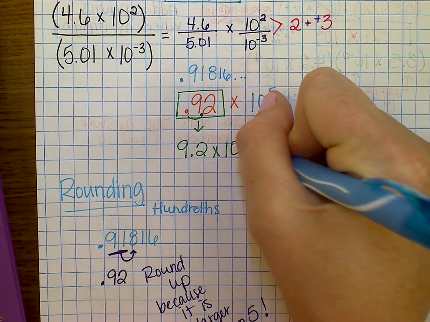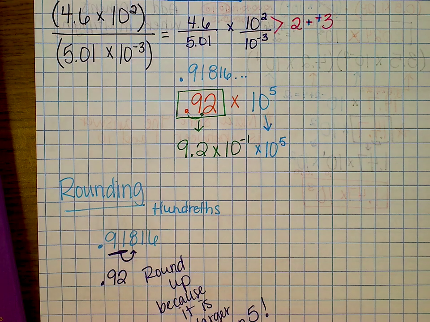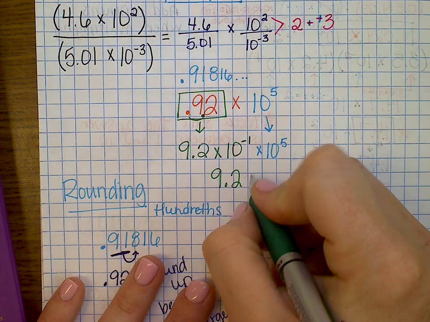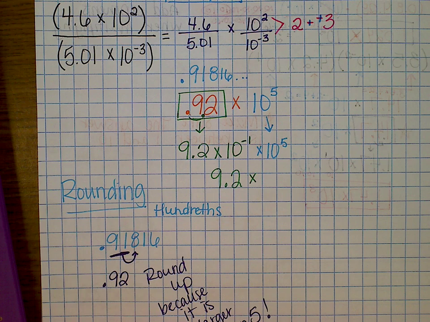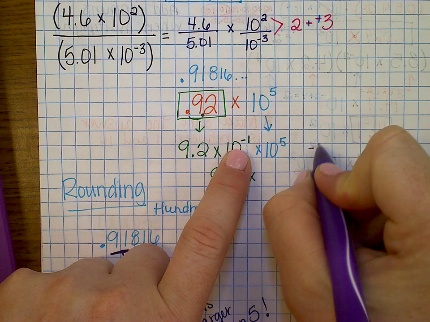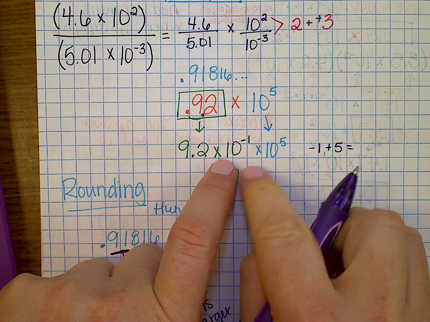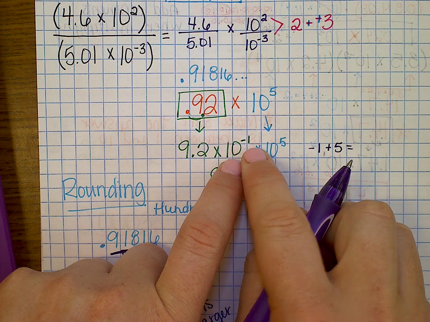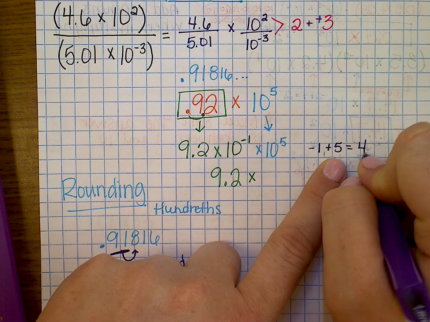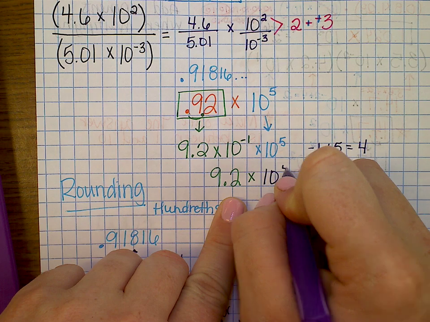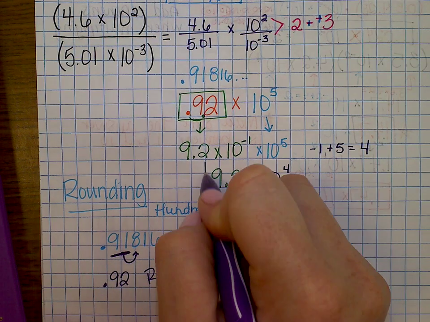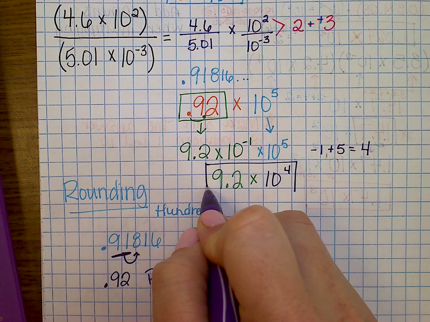And then I have times 10 to the 5th. So 9.2 times 10, and then add those numbers. Negative 1 plus 5, because notice now it's multiplication between these two. If I owe you $1 and I gave you 5, I gave you 4 too many. And I'm just giving away a bunch of money apparently. So it would be 9.2 times 10 to the 4th.